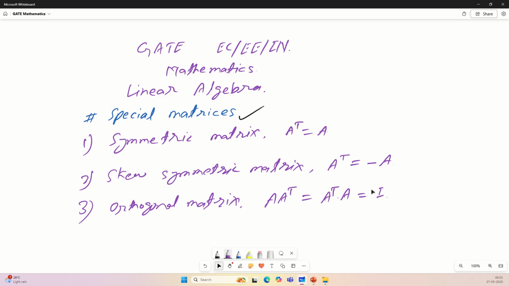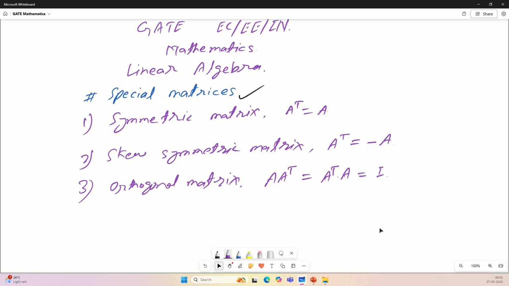If you are getting the identity matrix in either of these cases, A into A transpose or A transpose into A, then that matrix A is called an orthogonal matrix. Now let us talk about other parts.